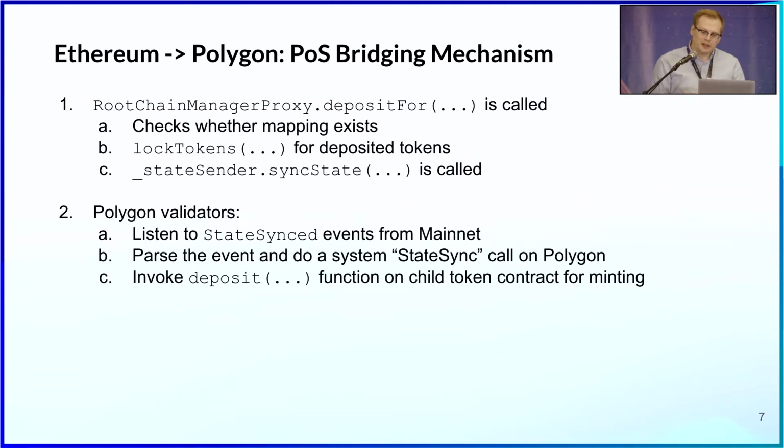And when they see one of these events, they can then interact with the Polygon chain. In particular, they will say, okay, we saw a state sync on Ethereum for 15 DAI. Let's now invoke deposit from the DAI contract on the Polygon network and give this person, that is my address, the corresponding amount of DAI on Polygon. So pretty straightforward. It uses events to track.